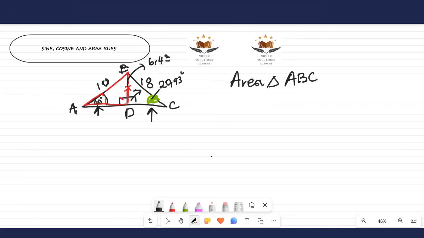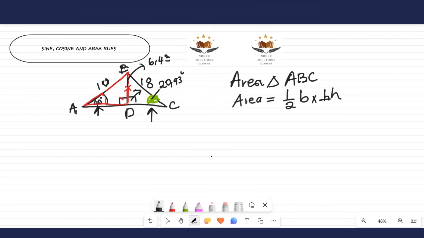Again, we remember the formula for the area is equal to 1 over 2, which we learned in grade 8 and 9, base multiplied by the perpendicular height. Please remember that it needs to be perpendicular.